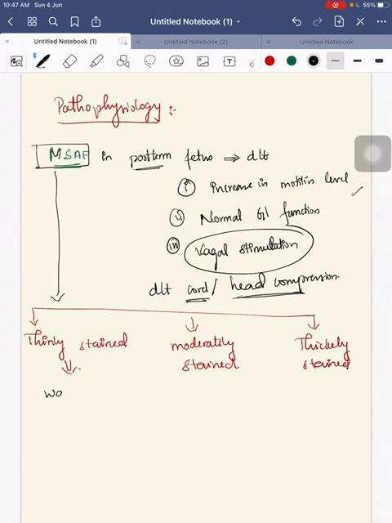Thinly stained is watery. Moderately stained will be opaque but with no particles. Thickly stained will be like pea soup.